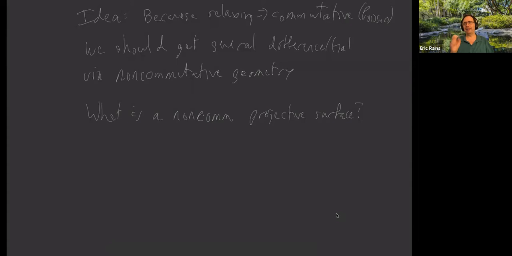And in particular, you find that the actual scheme of points tends to be smaller than you expect. So for instance, in the typical non-commutative P2, the scheme of points is a cubic curve in P2. So you only have a one-dimensional scheme of points in this non-commutative surface. So points don't work very well.